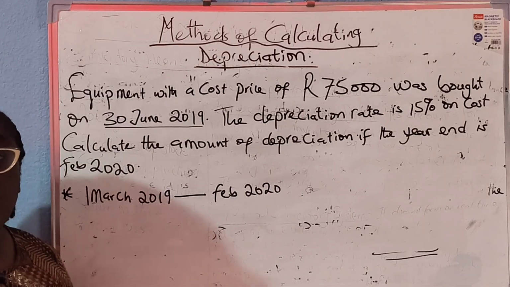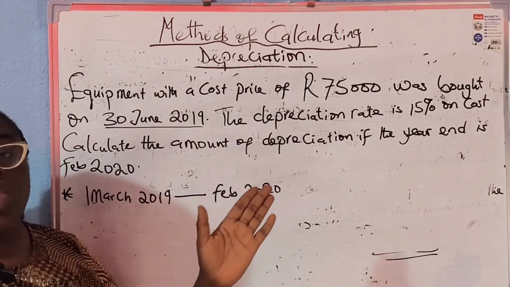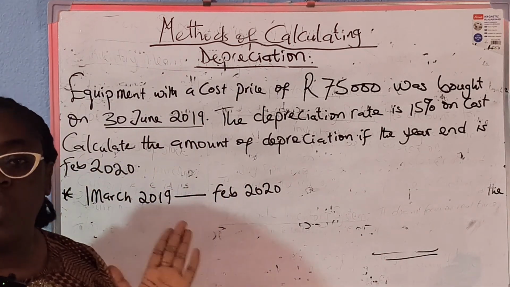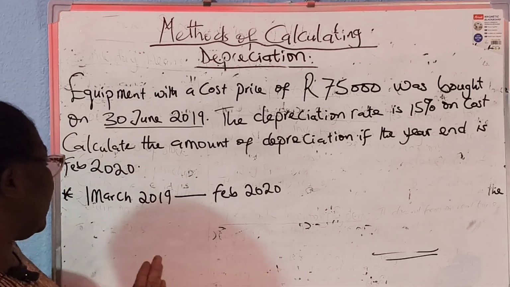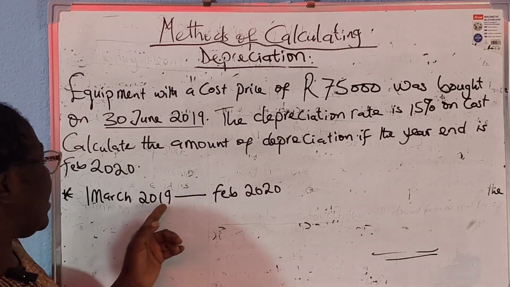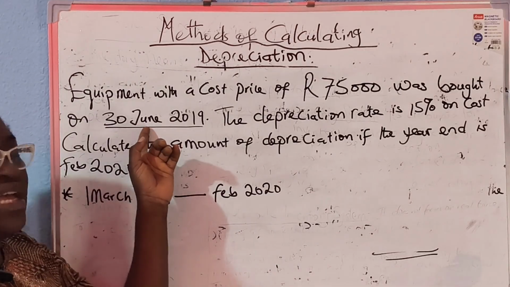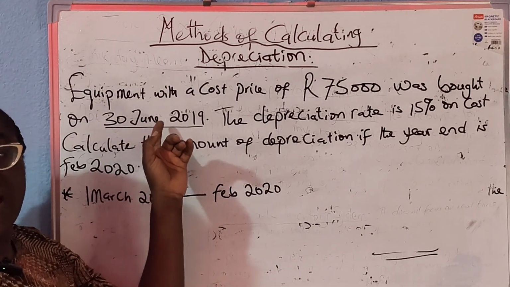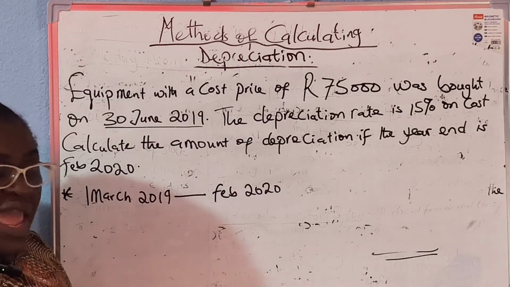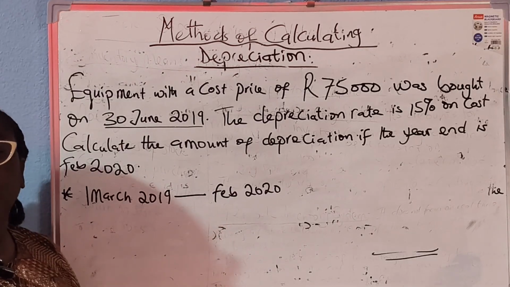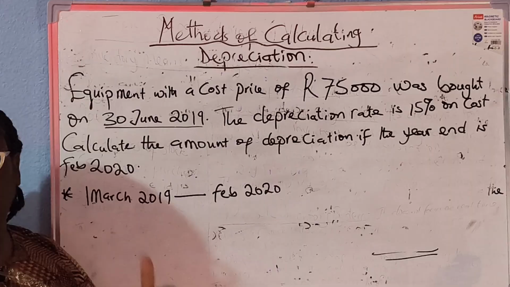You will agree with me that this asset did not start the year with us. The year started March 2019, but we bought this asset in June 2019. So for March, April, May, even June, this asset was not with us.